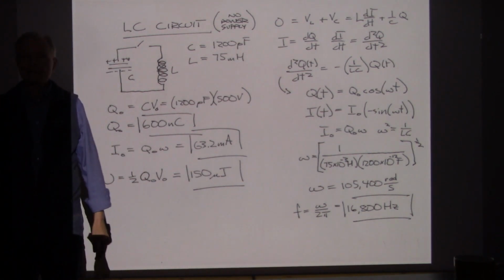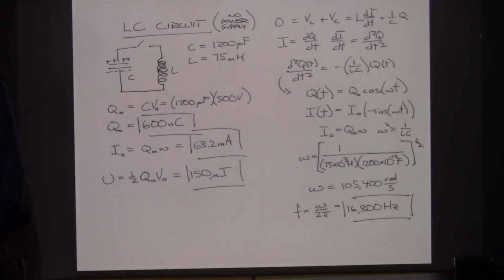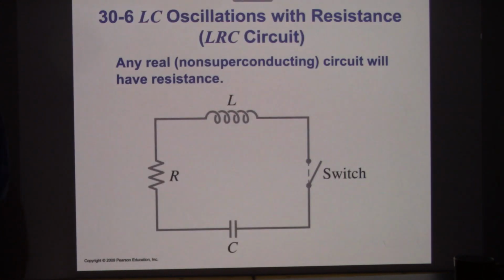So the circuit has 150 microjoules of energy. And since we're idealizing this circuit, imagining there are no energy losses anywhere, that's a fixed amount of energy in the circuit forever, because it's going to oscillate forever, because we've ignored thermal energy generation and we've ignored radiation of photons. Okay, radiation of basically light of different parts of the spectrum.